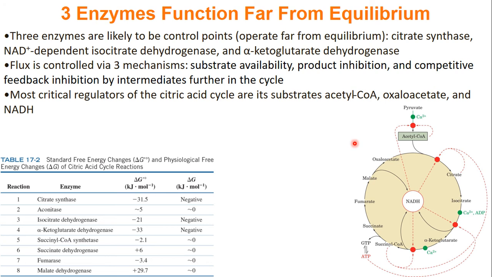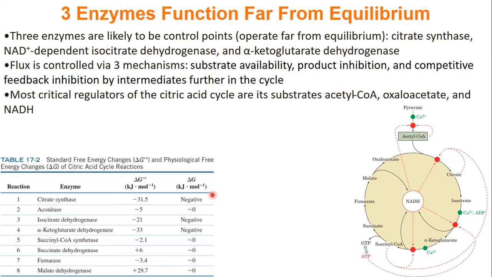Now let's look at the actual enzymes inside the citric acid cycle and see which ones are ripe for inhibition. We talked about this in glycolysis and gluconeogenesis. The enzymes that are far away from equilibrium, that is the super negative enzymes, are the ones targeted for regulation. Those are the ones driving this whole process forward.